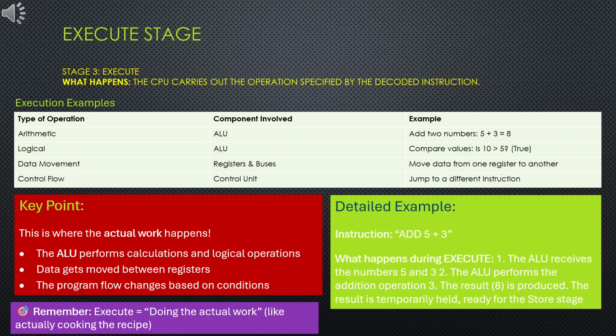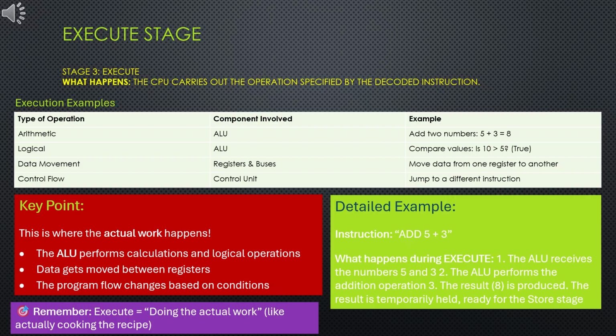We have fetched the instruction, we have decoded the instruction, and now we arrive at the most dynamic stage of the cycle, the execute stage. This is where the CPU flexes its muscle and actually performs the task it was assigned. The execute stage is where the work happens.